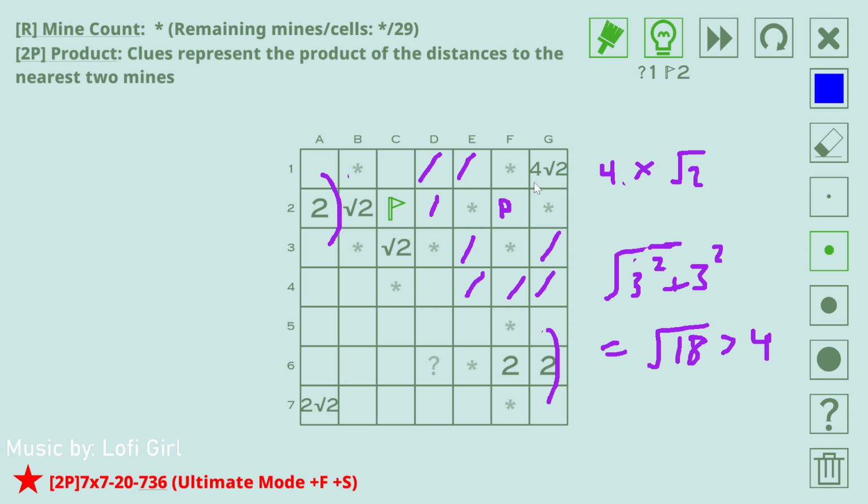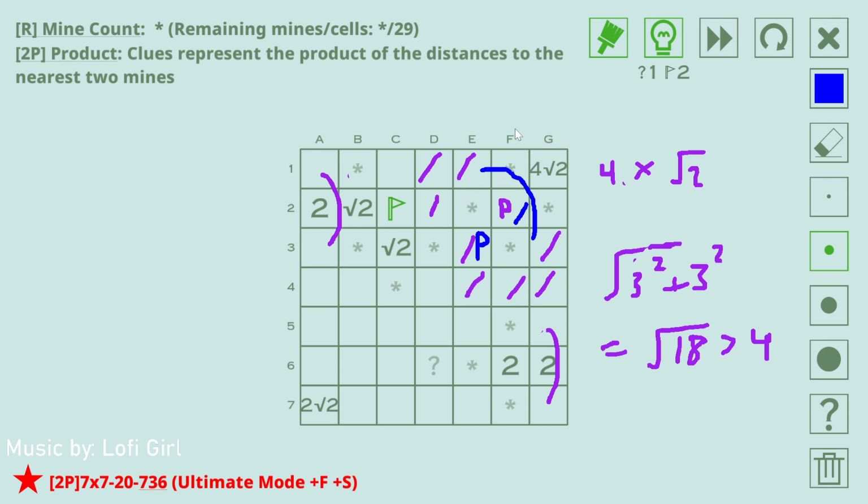Otherwise your other option would be if this were a 2 times root 8, in which case one of these is a mine and this is a mine, and then everything outside doesn't matter. That's your other option, and then this would be empty. But yeah, this cell would possibly be a mine because that is root 9 away.